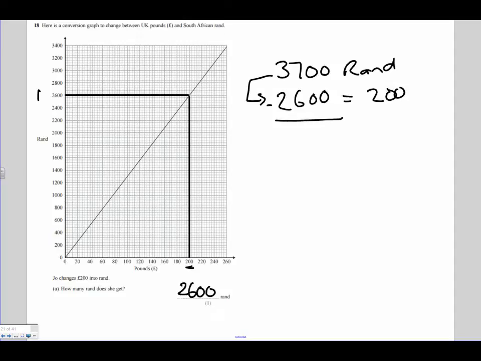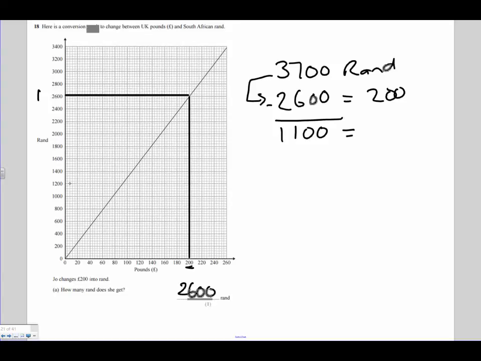And if we take that away, that leaves 1,100 rand. So all we need to do is go to our graph and read off 1,100 rand to work out what it is in pounds. So 1,100 rand is halfway between 1,000 and 1,200. So we draw a line across, and then from where it cuts our graph, we draw a line down.